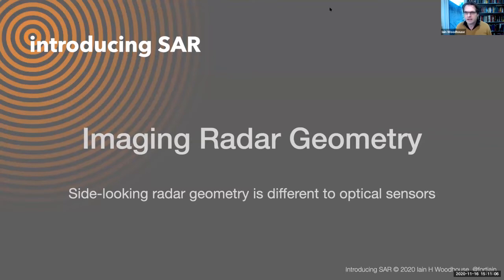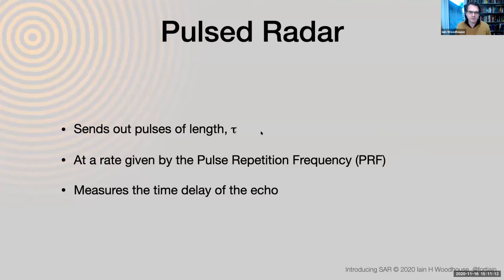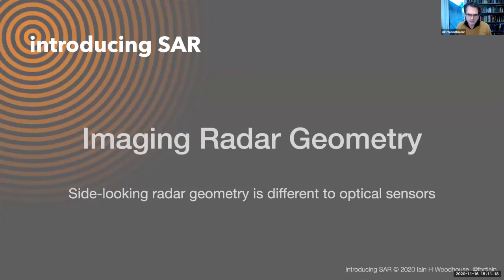And we're going to look at the imaging geometry and the consequence. The key thing that I want to talk about with imaging geometry is that it's very, very different from optical sensors. And I'm anticipating you're going to have one of two reactions to these slides that I'm going to share with you over the next 45 minutes or so.